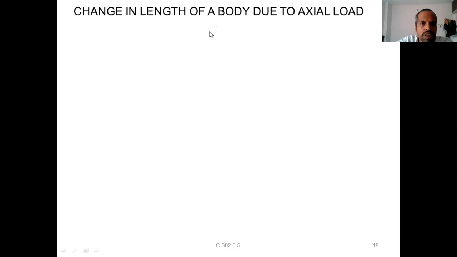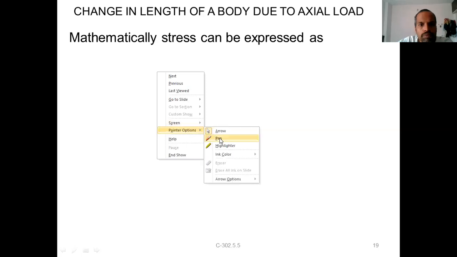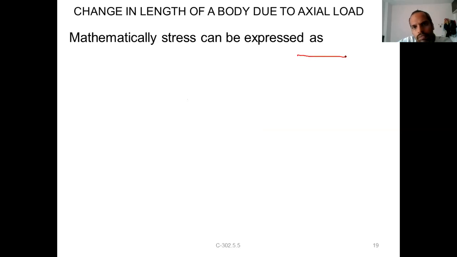Now let us go to the next topic, that is change in length of a body due to axial load. Let us say a body is there like this, a uniform body having uniform size. Let us say it is fixed at this end and a load P is applied.